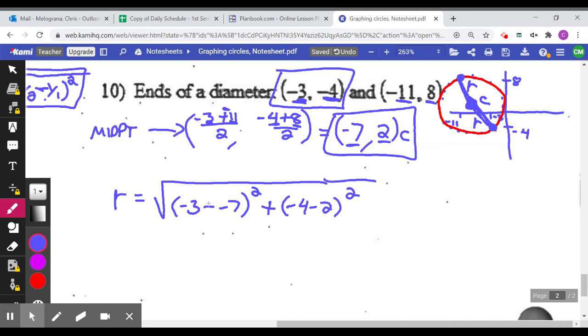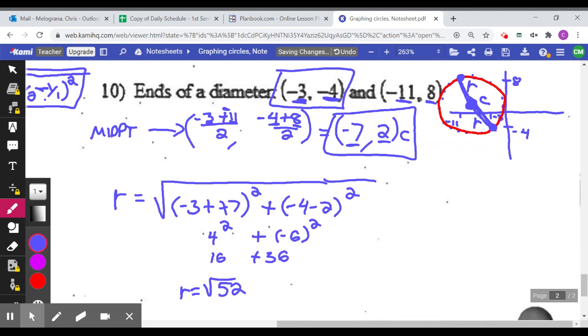So when we do this, this is going to add a line, change the sign. So -3 plus 7 is 4, so it's going to be 4 squared. And then -4 minus 2 is going to be -6, but that's going to be squared. So that'll give us 36. So we'll have 16 plus 36, and 16 plus 36 would give us 52. So r is the square root of 52.